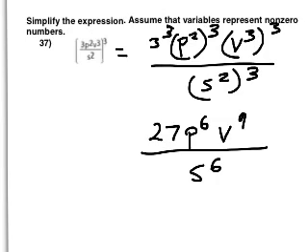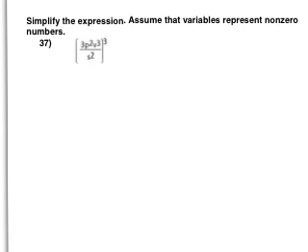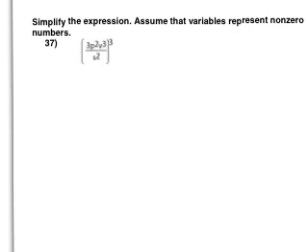We can do it another way, though. We could say, all right, this 3p to the second power, v to the third power over s to the second power is to the third power. So there's 3 of them.